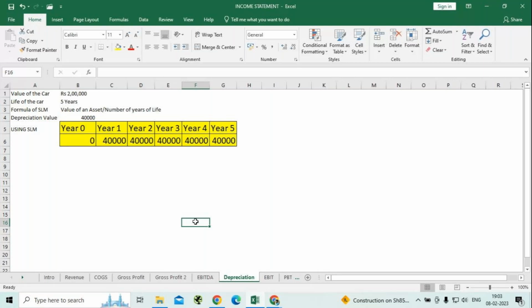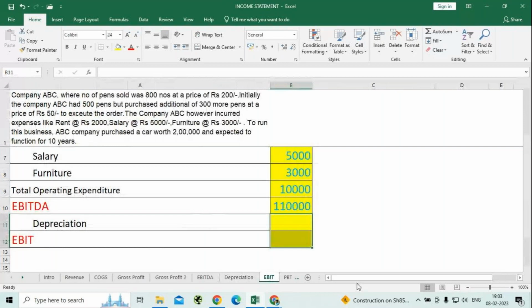When you write the depreciation value in the profit and loss account, you take the depreciation equally for all the years. In the EBIT, we take the depreciation value. Here, ABC company purchased a car worth 2 lakh and expected to function for 10 years.